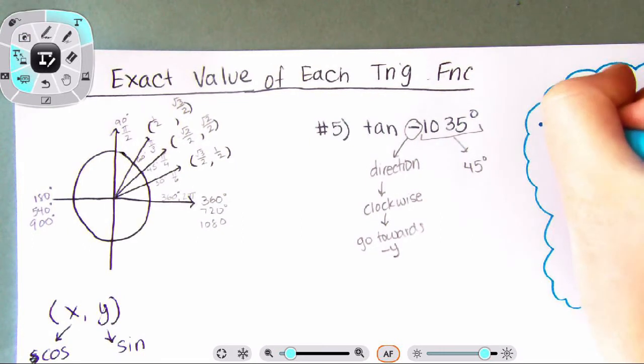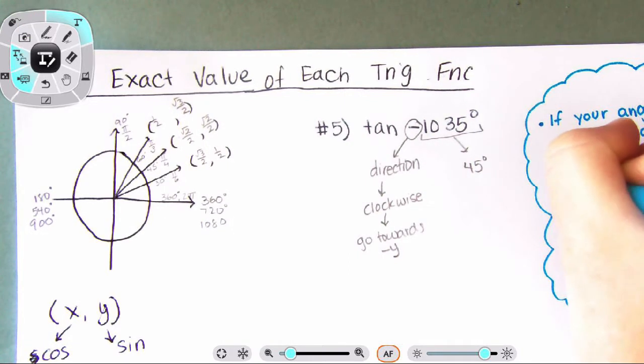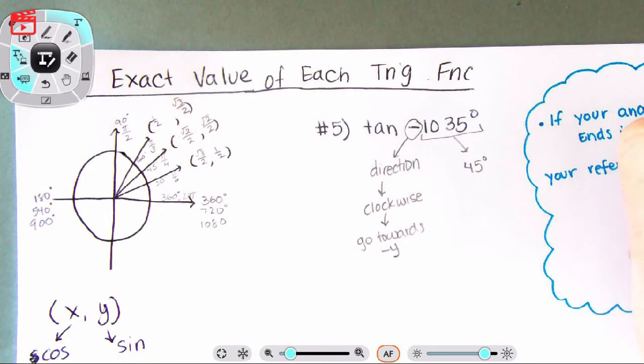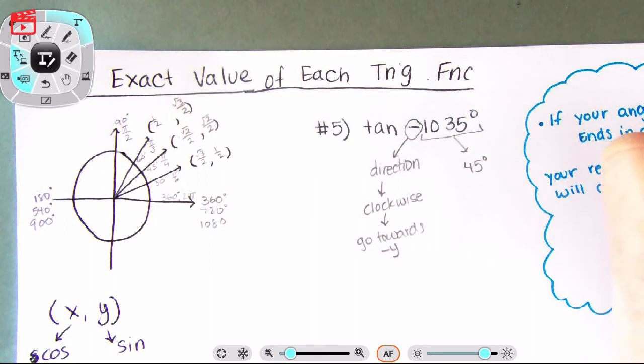But if your angle measure ends in a 5, your reference angle will always be 45 degrees.